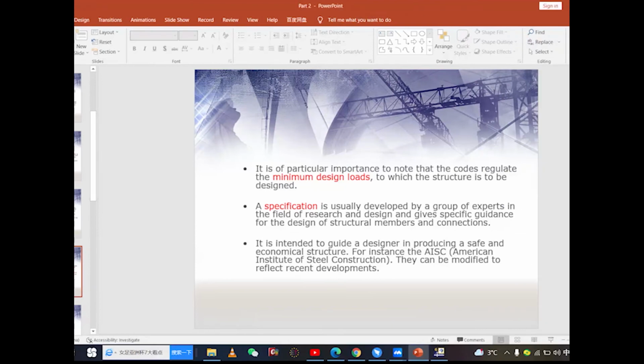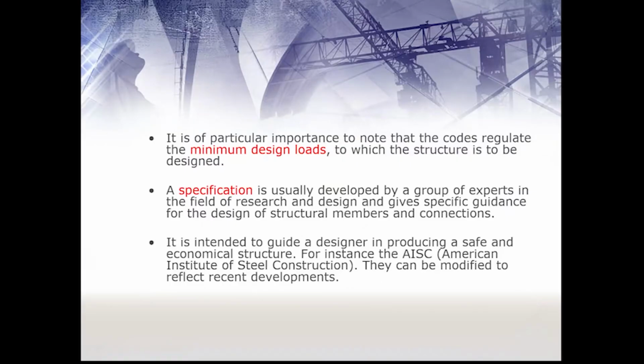We can continue now by saying a specification is usually developed by a group of experts. As I mentioned, it is intended to guide a designer in producing a safe and economical structure. For instance, the AISC, American Institute of Steel Construction, can be modified to reflect recent developments.